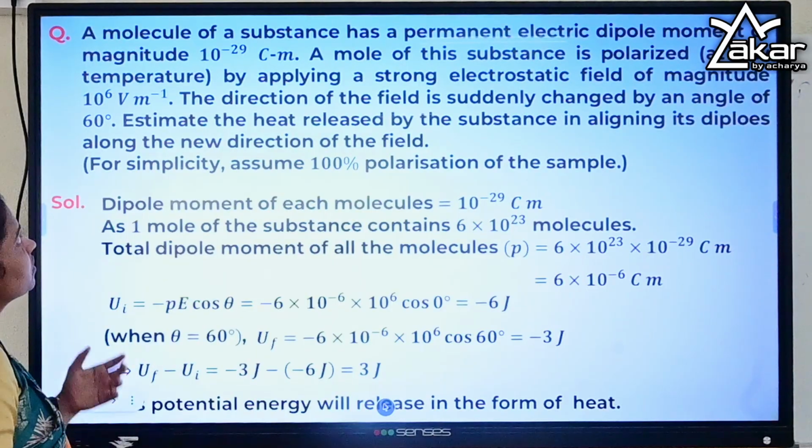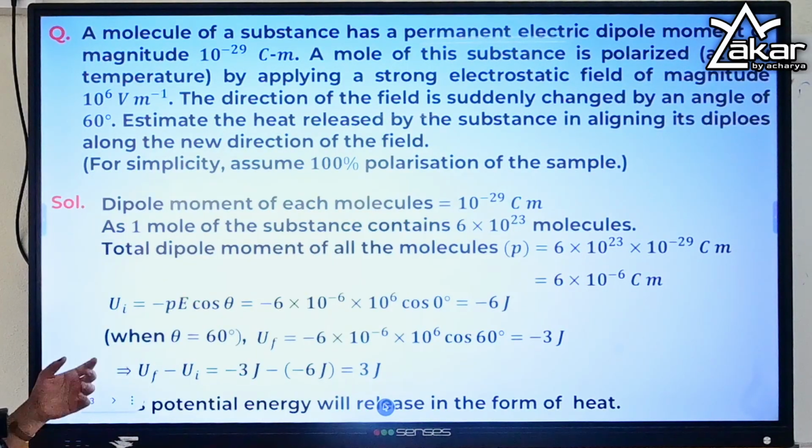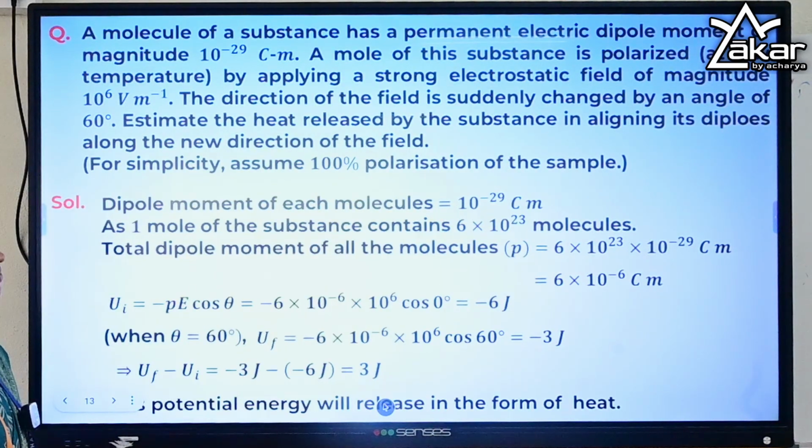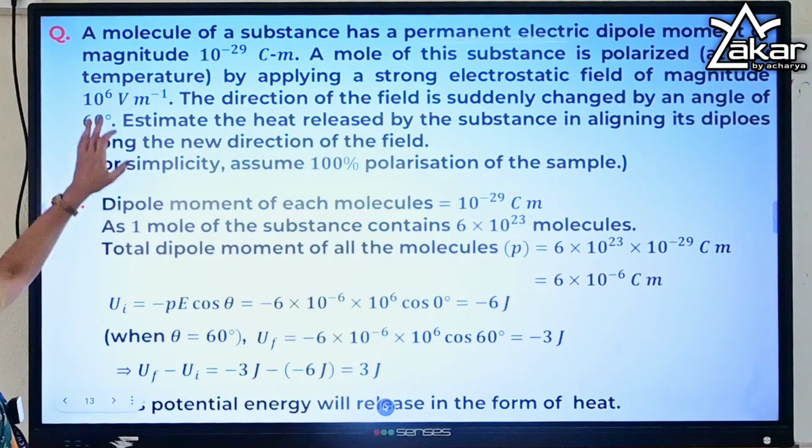So here you can see one numerical problem. A molecule of a substance has a permanent electric dipole moment of magnitude 10 power minus 29 coulomb meter. A mole of this substance is polarized by applying a strong electrostatic field of magnitude 10 power 6.